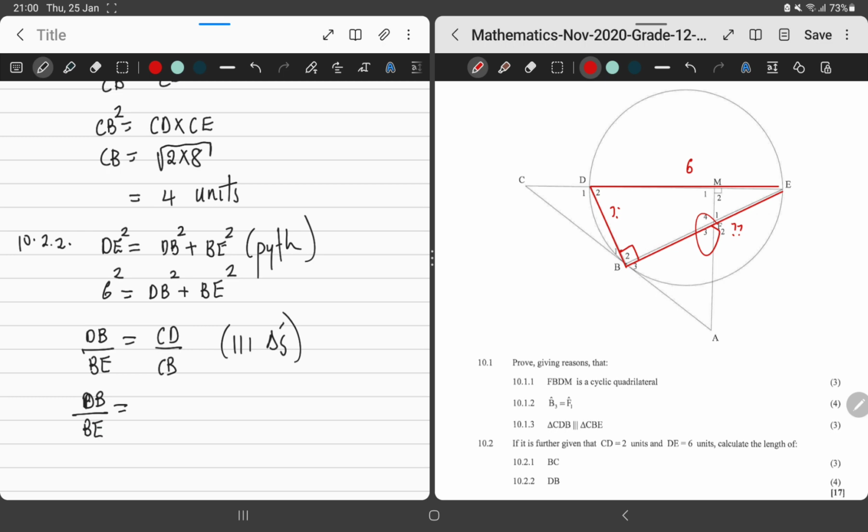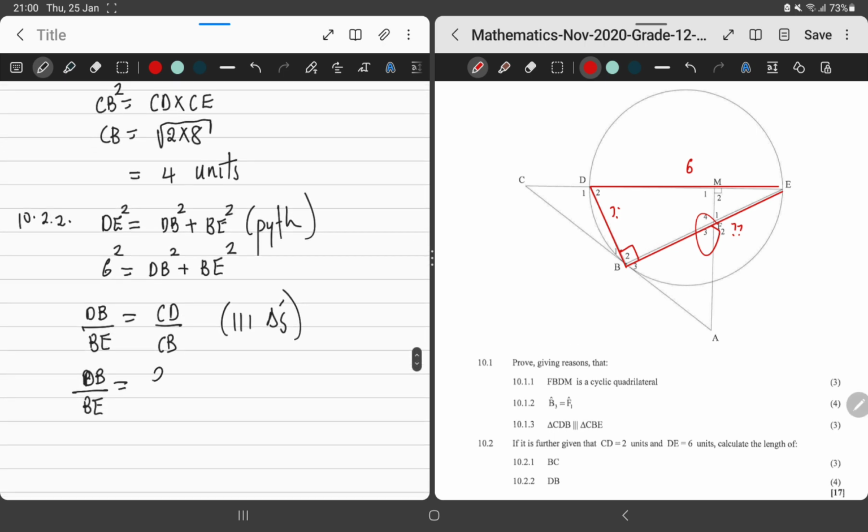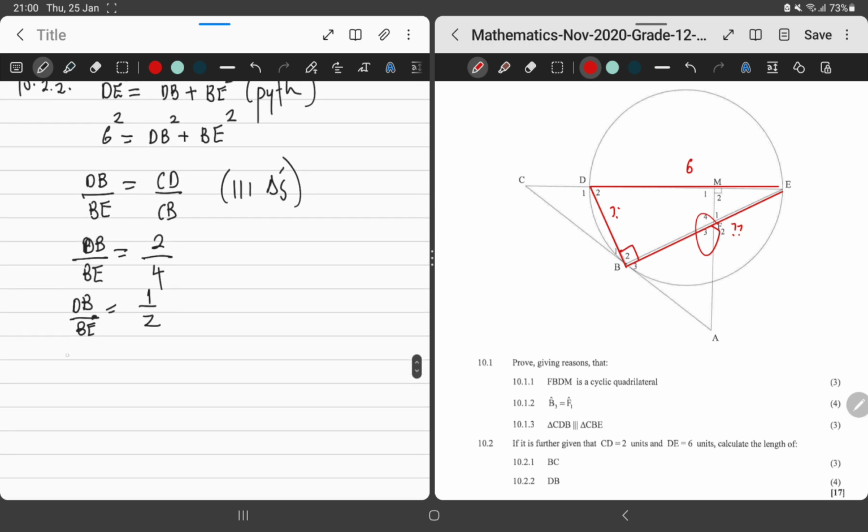So CD is 2, and then CB, that's a 4. So DB over BE should be equal to 1 over 2. Therefore, BE is equal to 2 times DB.